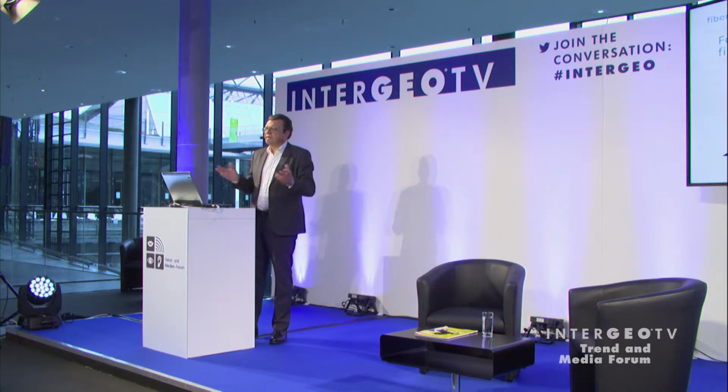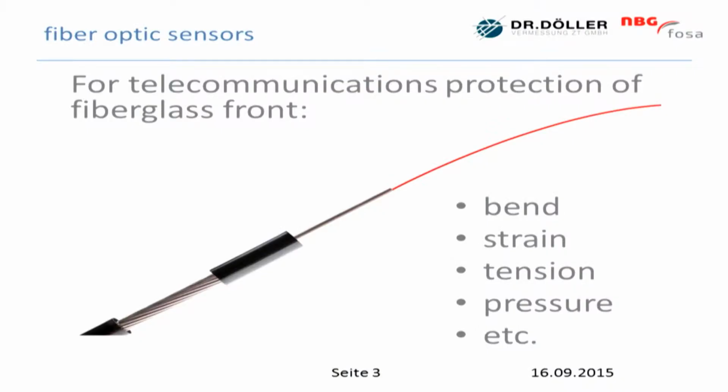Normally, what does fiberglass cable have to do with surveying? Normally, we avoid bending, straining, or using tension or pressure on a fiber cable. So we hide it, we protect it.